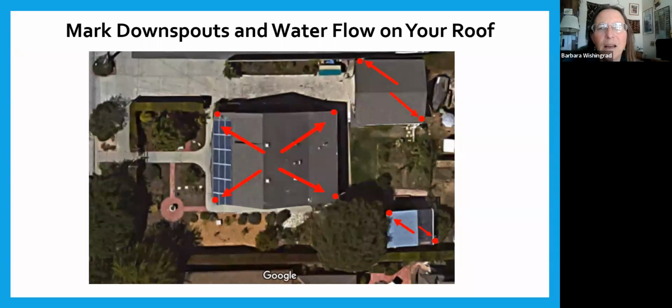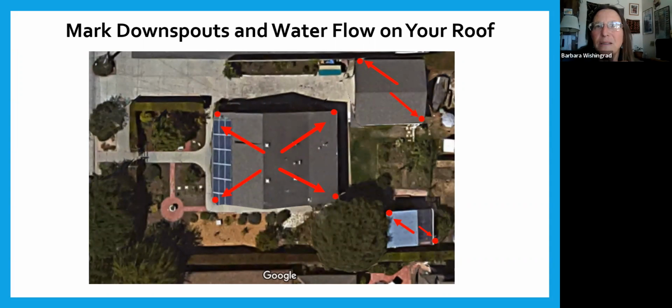So in this case, on the main roof where you see the solar panels, that largest roof, there are 4 arrows, there was a high point on the roof, and then there are 4 downspouts. Then there is a shed on the lower right that has 2 downspouts and a garage on the upper right that has 2 downspouts.